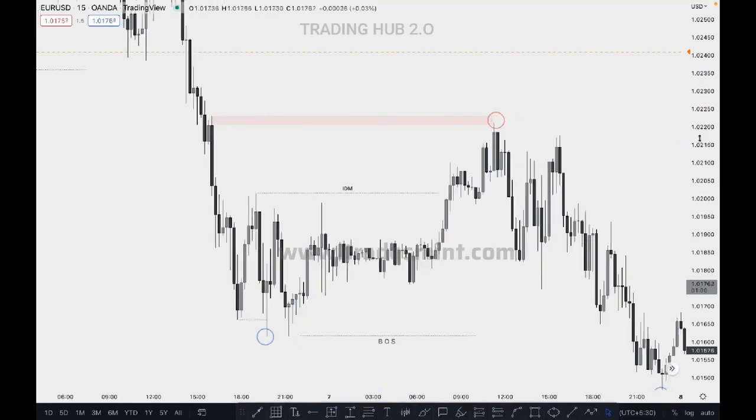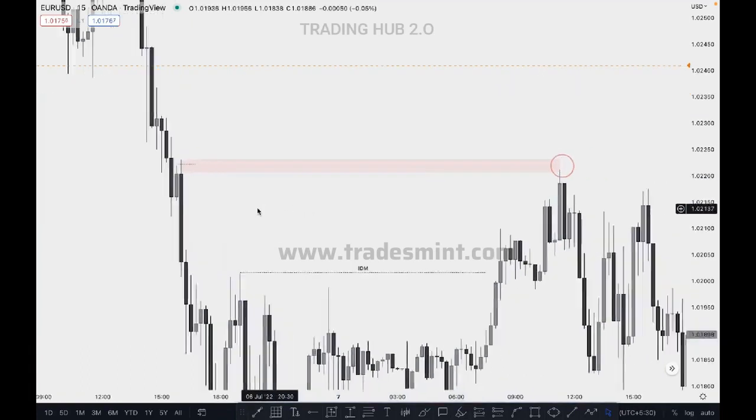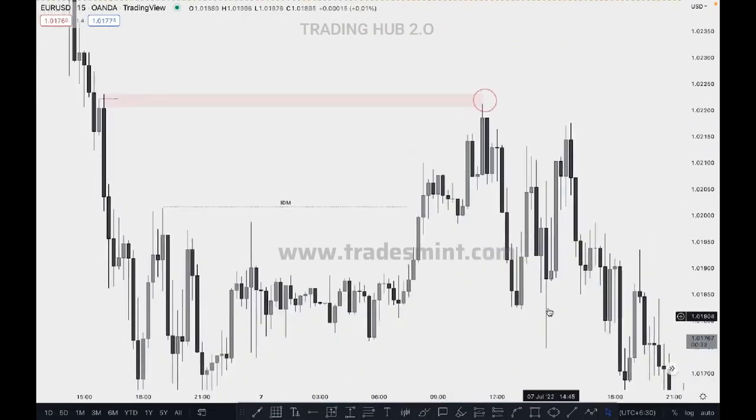Because this high has been taken out by this candle, and this is our middle candle. Okay, the inside bar is here; this candle did not take any previous swing high or low. This candle actually took out the previous candle's low, which is here. That's why the market tapped on this extreme supply zone, and then the market pushed downside.